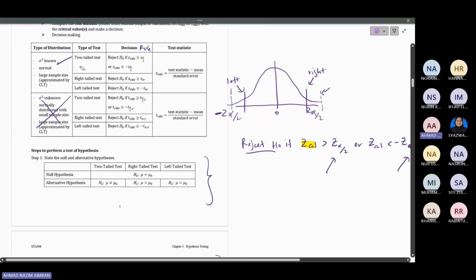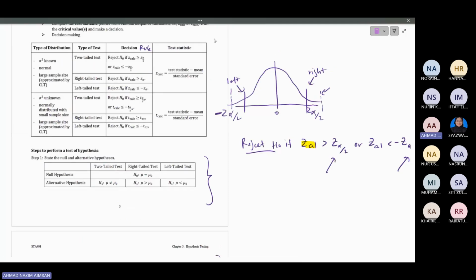Now we have a known standard deviation, so we will not use this one. We are testing the hypothesis at the left tail. Therefore, the decision rule is reject H null if Z calculated is less than or equal to negative Z alpha.